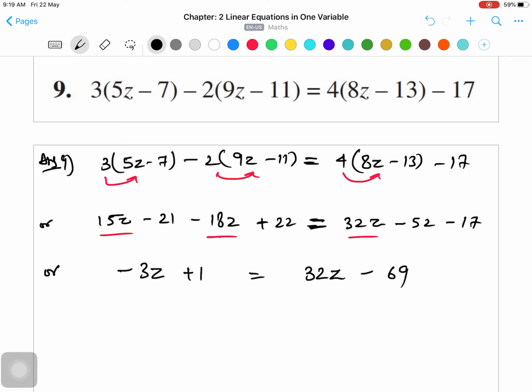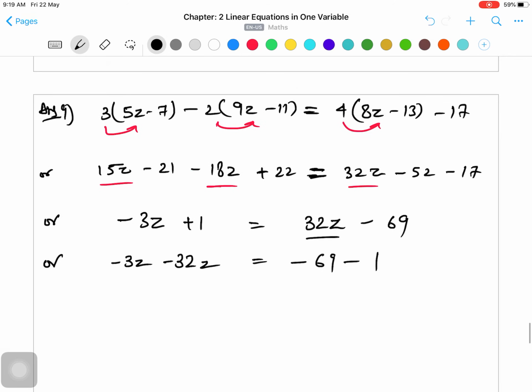Okay, so we have minus 3z here. This plus 32z will become minus 32z, equals minus 69. This plus 1 will become minus 1. So minus 3 and minus 32 will be minus 35z.